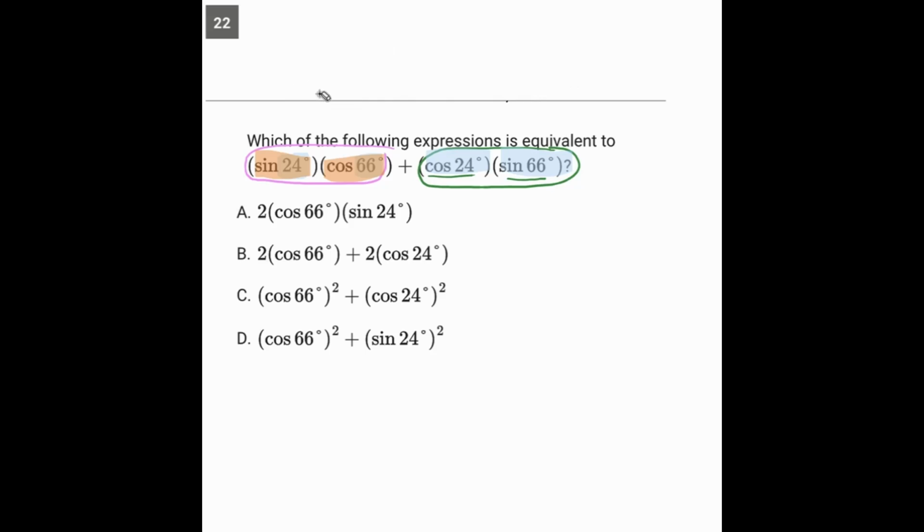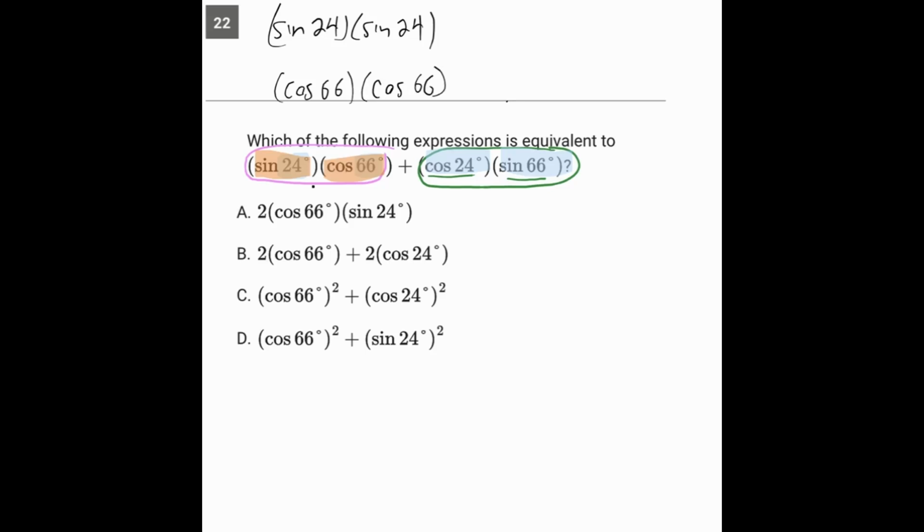Now, the way to think about this is if these two orange things are equal, I can rewrite that as sine 24 times sine 24. Or I could have rewritten it as cos 66 times cos 66.